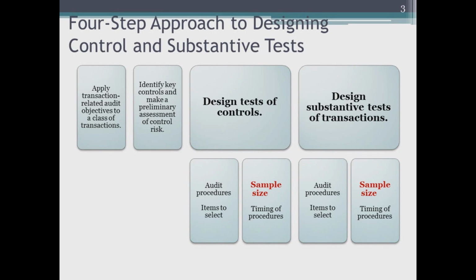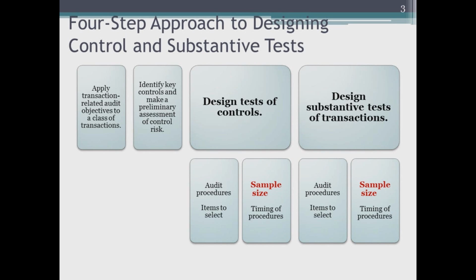What we're trying to design here is, in designing the test of controls and the substantive test of transactions, remember there were 4 decisions that the auditor had to make, right? One, determine what the audit procedures are. The audit procedures are going to be driven by your transaction-related audit objectives. If we're trying to attest occurrence, what would be an audit procedure, for example?